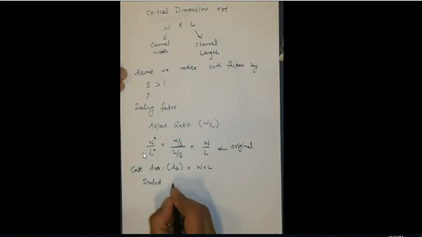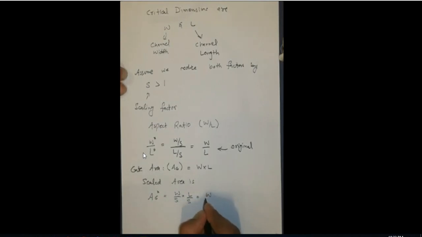The scaled gate area AG star is equal to W by S into L by S, which is WL divided by S square.